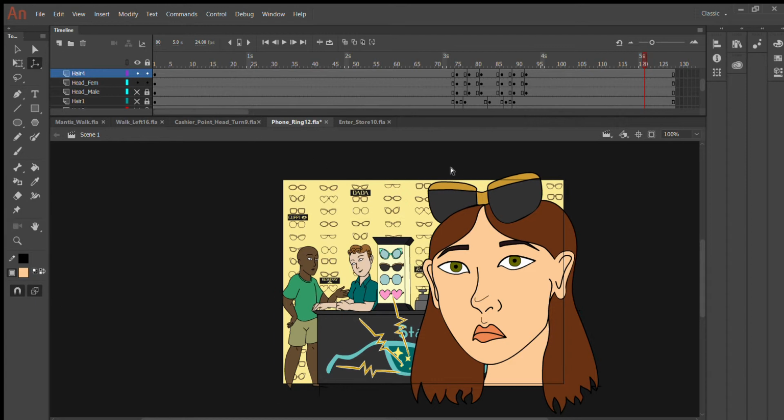So, for example, here we have a close-up and the character's phone is ringing, and you can see there really isn't a lot of movement in the head. In this area, the phone begins to ring, buzzing.